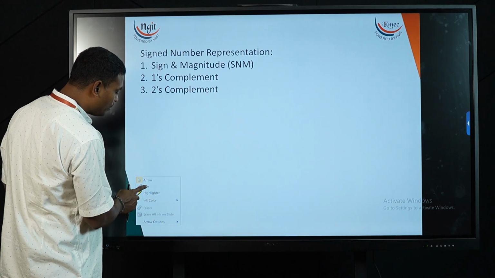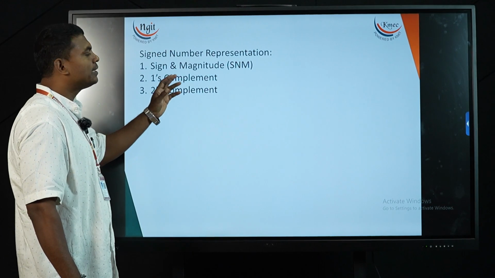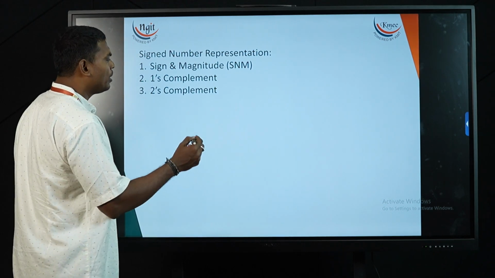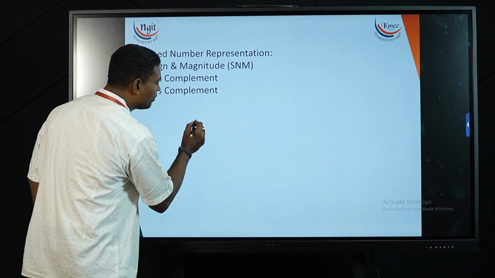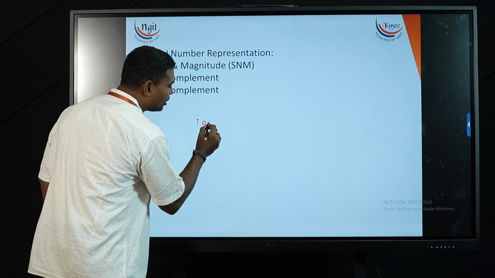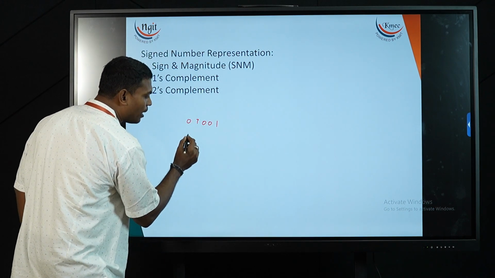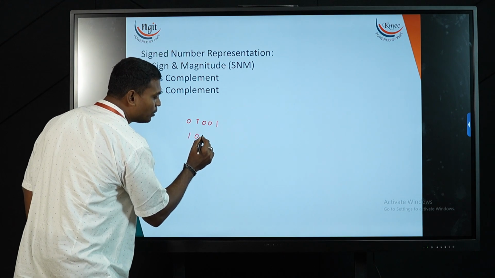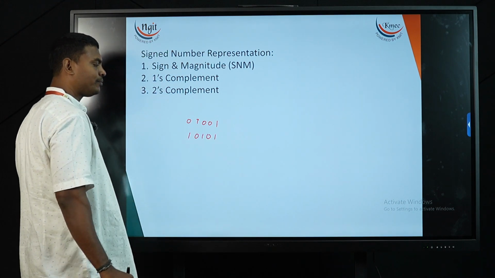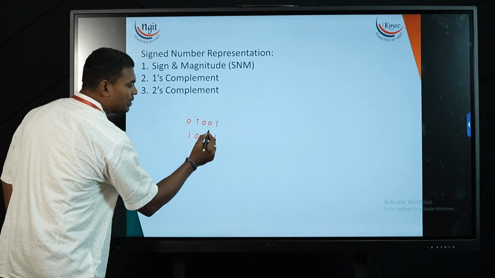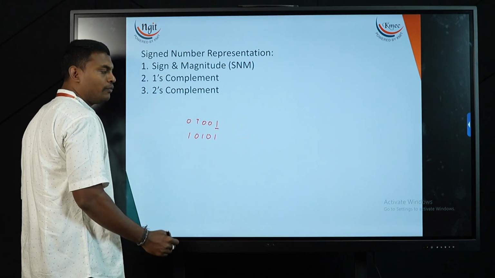Now, how are we going to represent using sign and magnitude? For example, if I am having a number like 1001 or 001, the same number can also be represented as 010101. This is called the least significant bit.